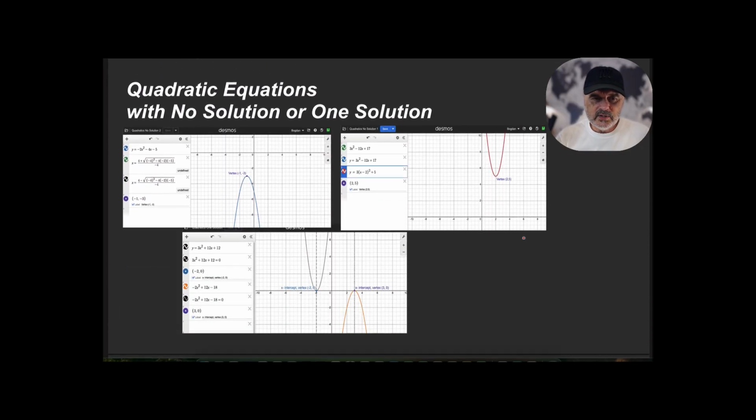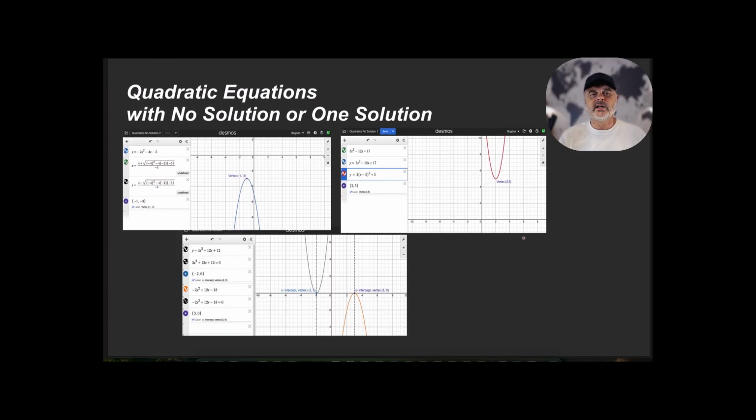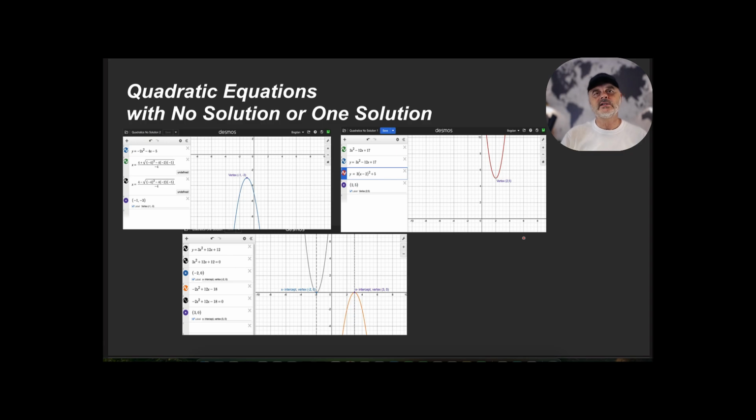One more thing that you want to mention in this video is that you may have quadratic equations where sometimes there are no solutions at all. So graphically, what it means is that the graph of the parabola is positioned entirely below the x-axis or entirely above the x-axis. The turning point, if you're familiar with the vertex, is positioned below the x-axis when the parabola opens down.